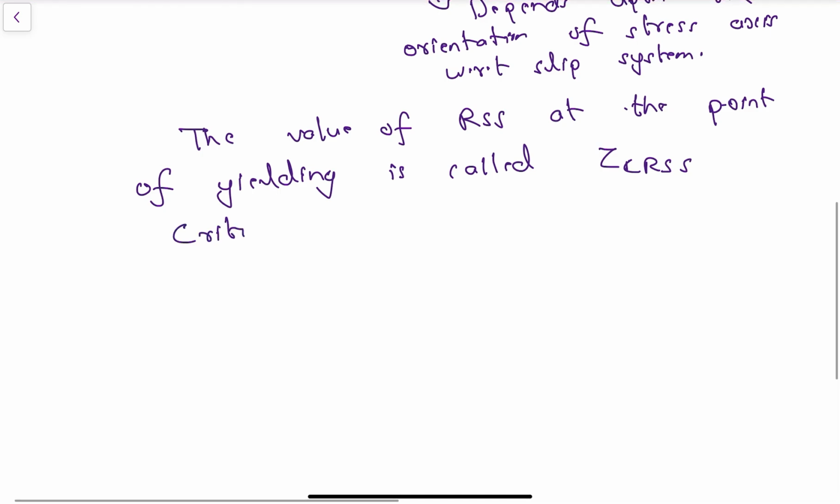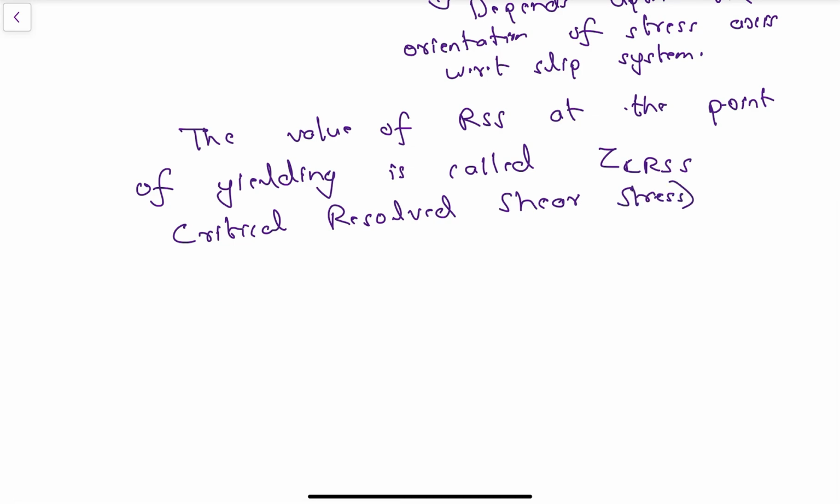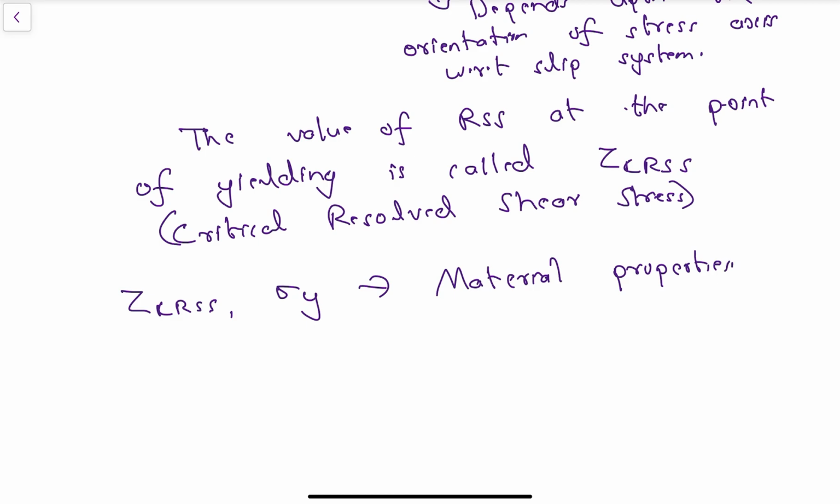I write it down: critical resolved shear stress, that is tau CRSS. So this tau CRSS and this sigma y both are material properties. It does not depend upon the orientation.